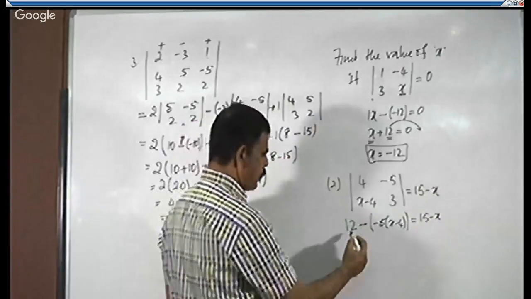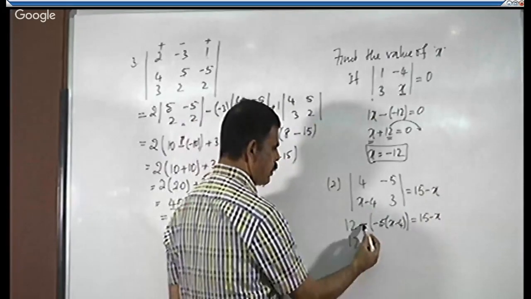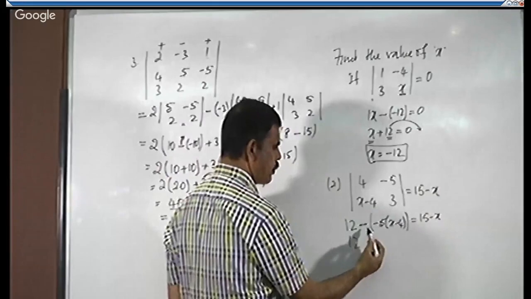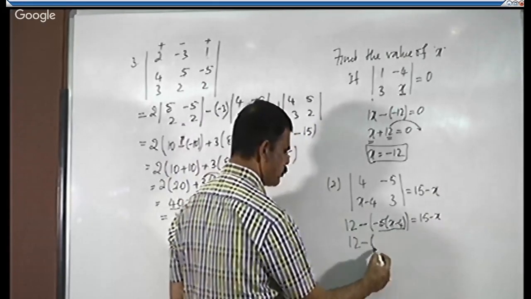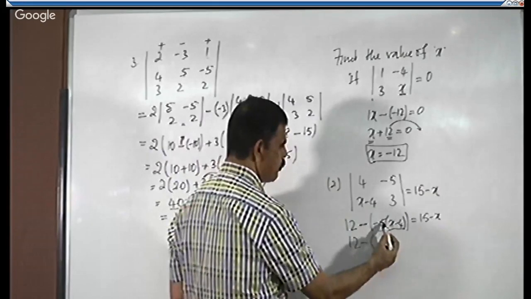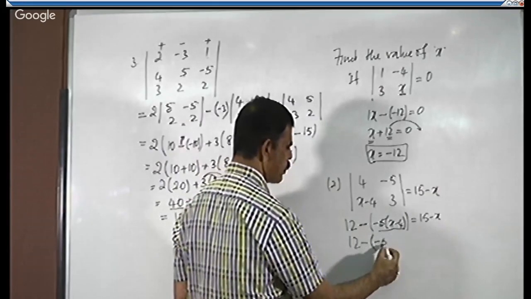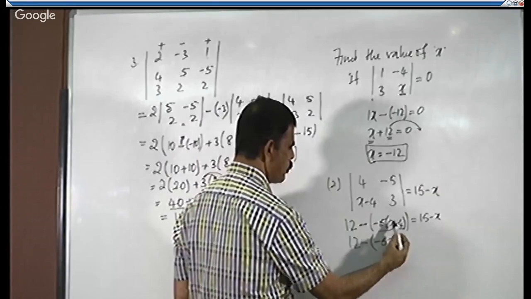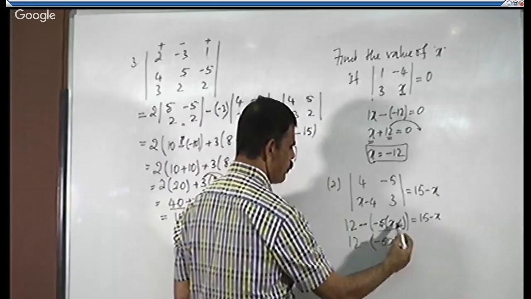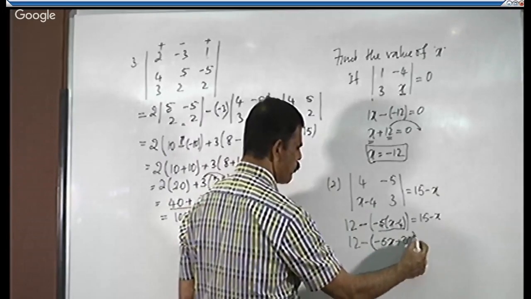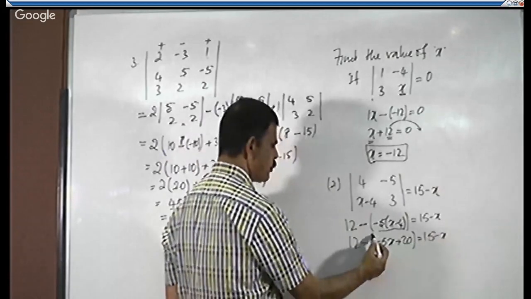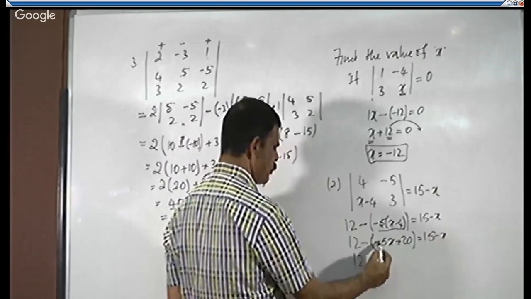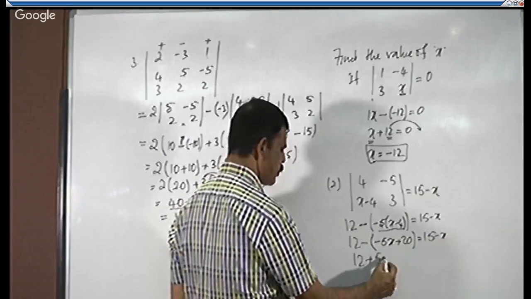Okay, 12. This minus into minus plus, otherwise you first simplify this bracket. Minus 5 into x is minus 5x. Minus into minus is plus. 5 into 4 is 20. Is equal to 15 minus x. Now remove this bracket. 12, minus into minus plus 5x.